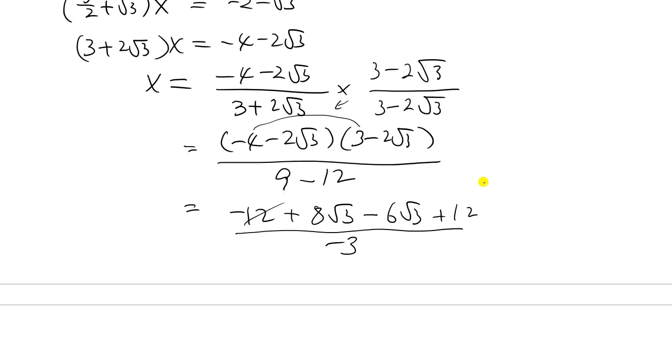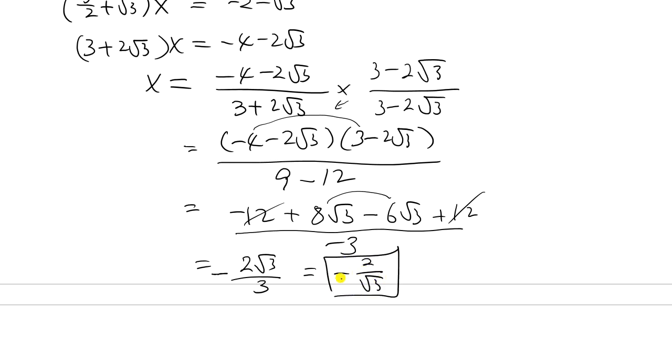So we cancel out that and we have 2 square root 3, right? Over 3. Okay, so that's going to be 2 square root 3 over 3 with minus, of course, or it can be negative 2 over square root 3, right?